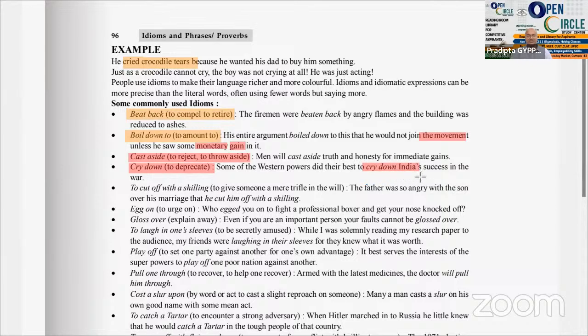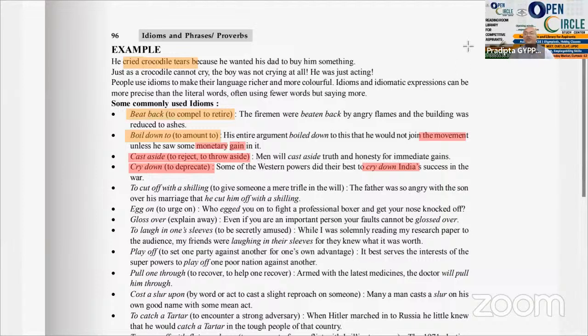India's success in the war means when India became successful in the war, other countries, especially Western countries, tried to show it to be inferior. So this is deprecation. Deprecate means speak inferior, speak lesser of another. Got it? That is called cry down.